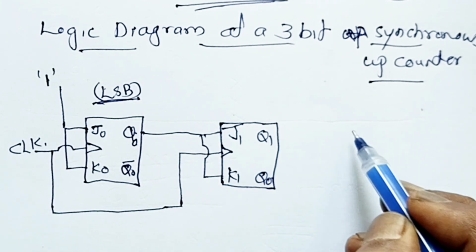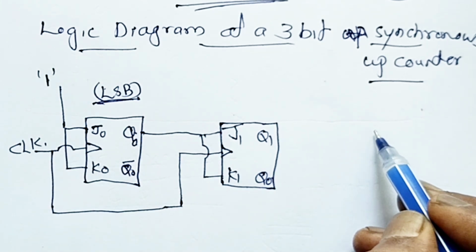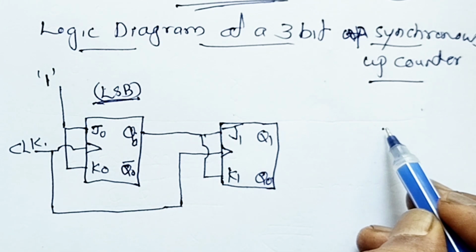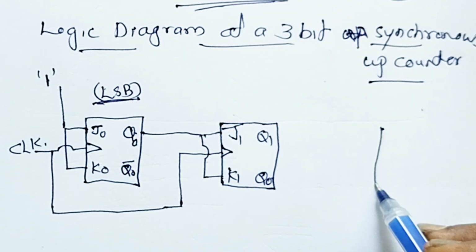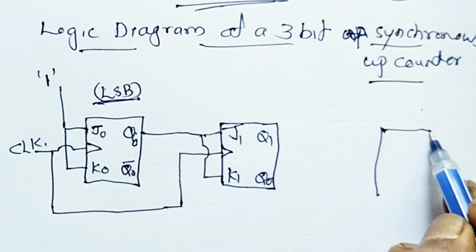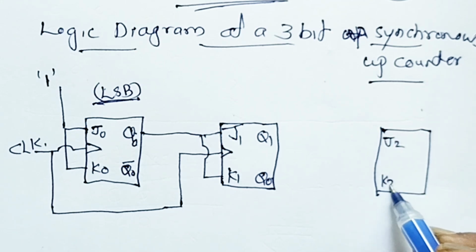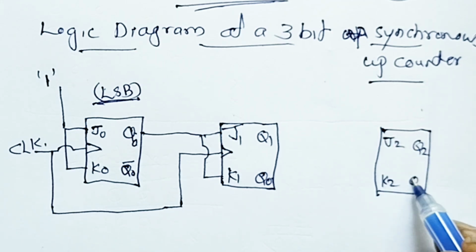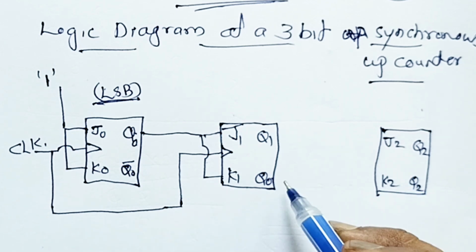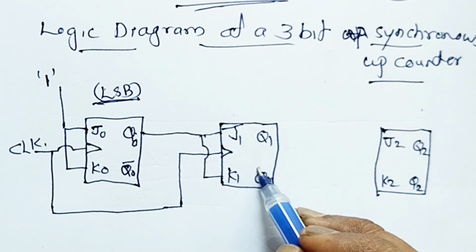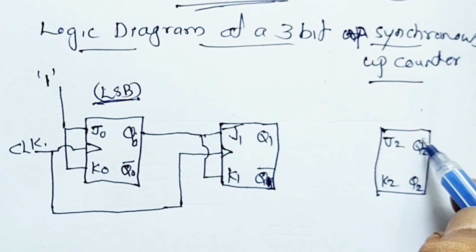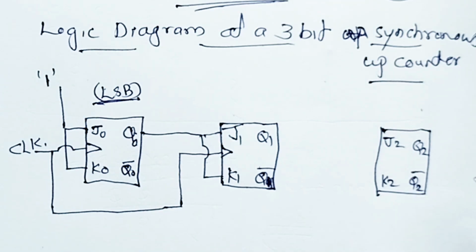Then the third flip-flop, we have inputs J2 K2, then Q2 and Q2 bar are the outputs. Then we need to connect the remaining. So we have the clock input, it is connected. So all the three have a clock from the same point, so they are simultaneously triggered.